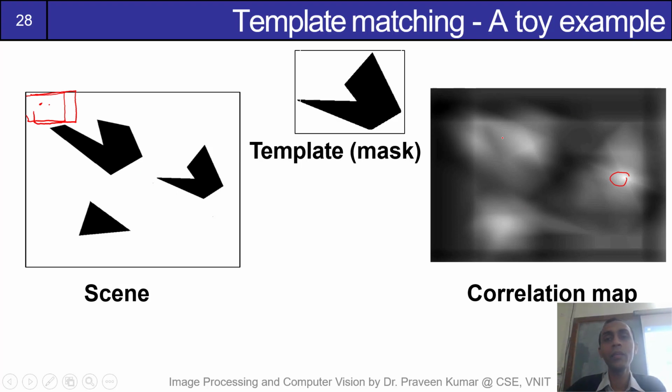You may get some score here, that depends on the values, but probably it will be uniform because it is a uniform image. It will not be all white, it will be some value, but that value will be uniform because there is no pattern here. At every location you have the same values, so you will get a uniform score across everything.